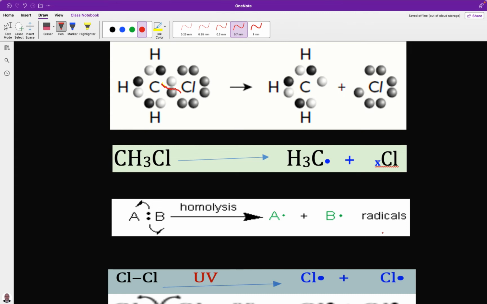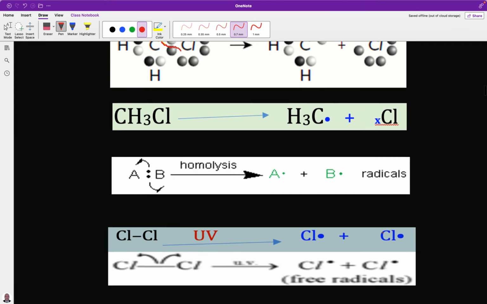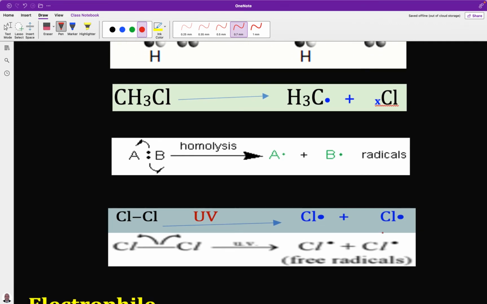They have a single unpaired electron, and they are very, very reactive. Like in the case of chlorine, the formation of a free radical in a chlorine molecule is initiated by energy. Energy is required for the reaction to occur. For that reason, UV light is very essential in this process.